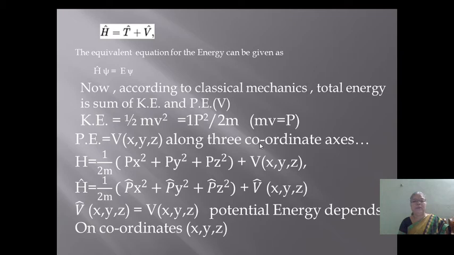that means along three coordinate axes, and the Hamiltonian energy we can write as 1 by 2m in bracket px square plus py square plus pz square, plus phi in bracket x comma y comma z.